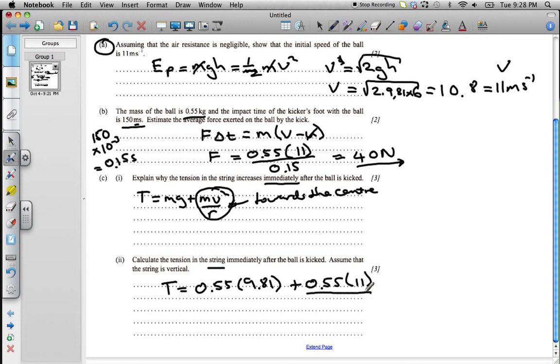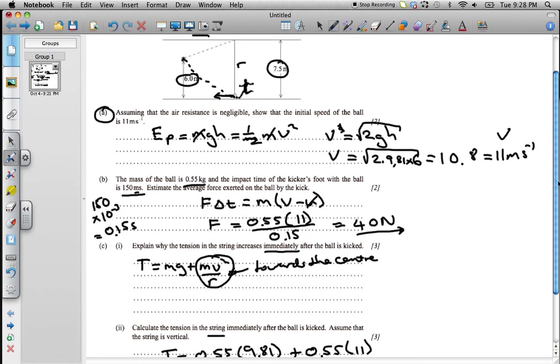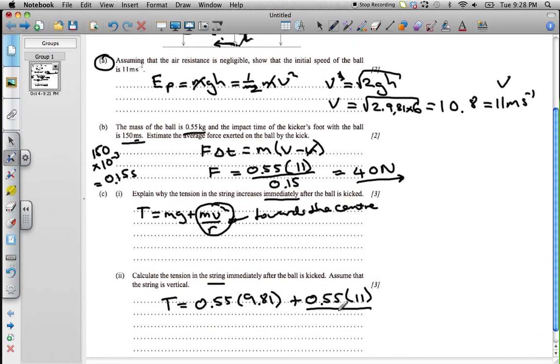And now remember, we're going to divide not by 6 but by 7.5, because 7.5 was actually the length of the string. 7.5. And when we do that, we get a total that's about 14.4. But again, I round down to two significant figures, so I get 14 newtons.